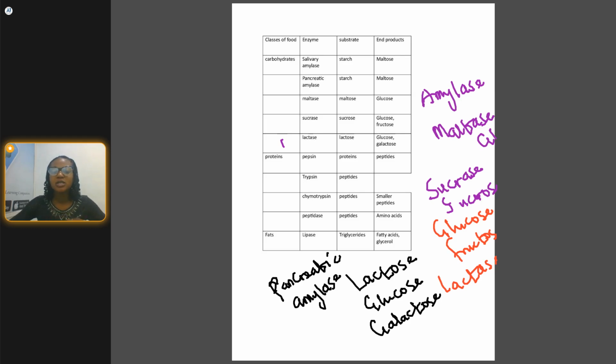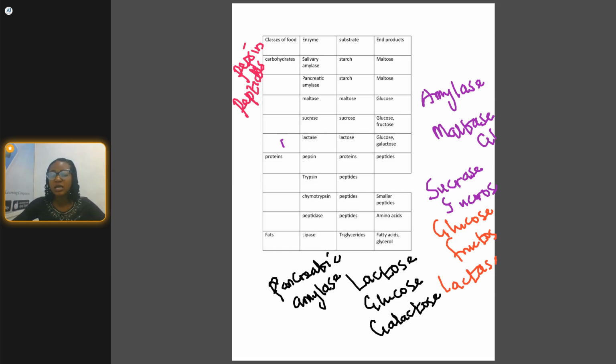All right. So for protein, we also have different enzymes, and number one, we have the pepsin. What is the function of the pepsin? The pepsin is an enzyme that acts on proteins, and the end product of that is peptides.